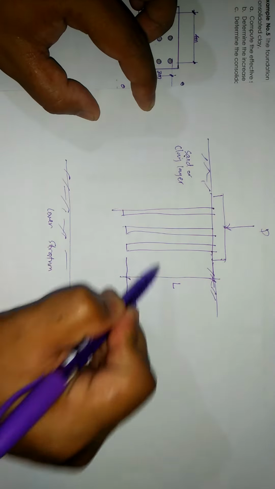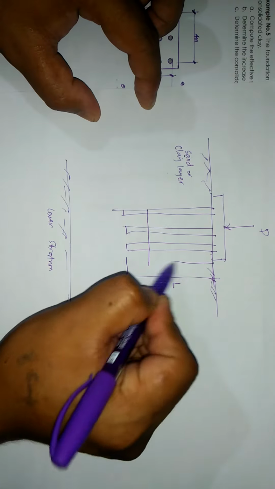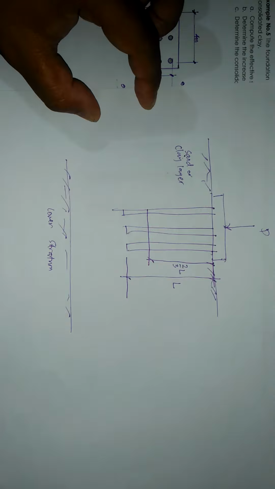So, kung L yan, let's assume that this one would be your 2/3 of pile length. Ito na yung magiging 2/3 of L. Yan yung una mong i-assume. Hanapin mo yung 2/3 of L.